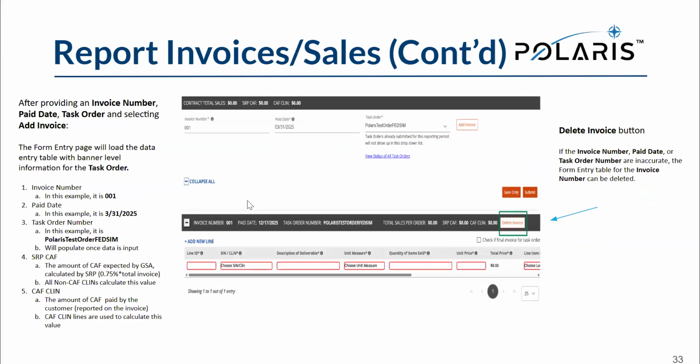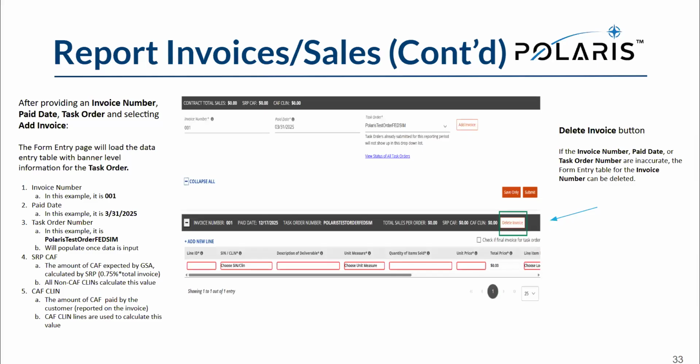After providing an invoice number, paid date, task order, and selecting Add Invoice, the form entry page will load the data entry table with banner level information for the task order as displayed in the screenshot. All the fields in red are required fields.